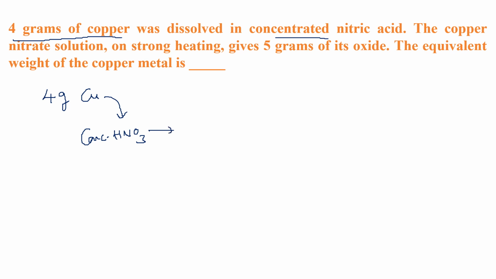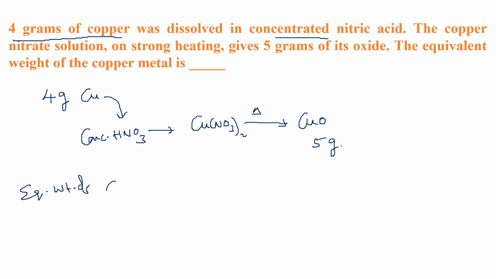Again here, copper nitrate on strong heating gives rise to the respective oxide, that is copper oxide. 5 grams of copper oxide is formed. He is asking the equivalent weight of copper, how much is it?